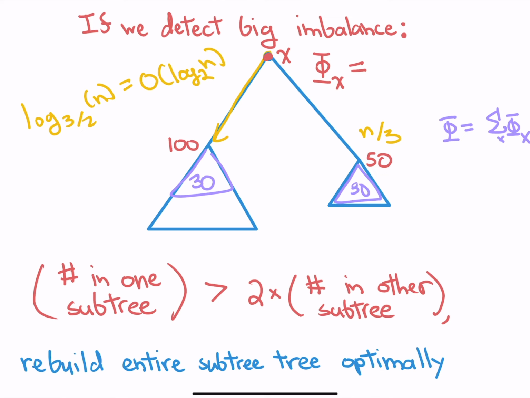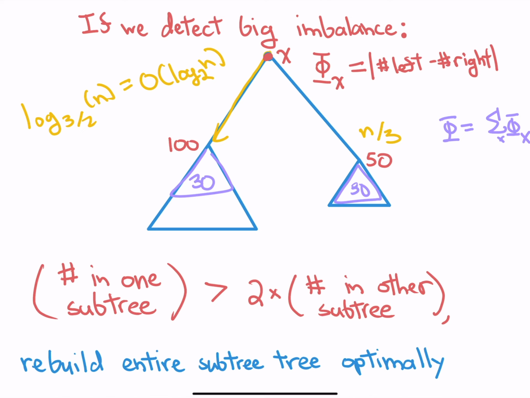Ideally, you want to set the potential function so that when you do rebalance, the potential goes down, and that'll pay for the effort to rebalance. So this could be like the absolute value of the number in the left minus the number in the right, something like that.